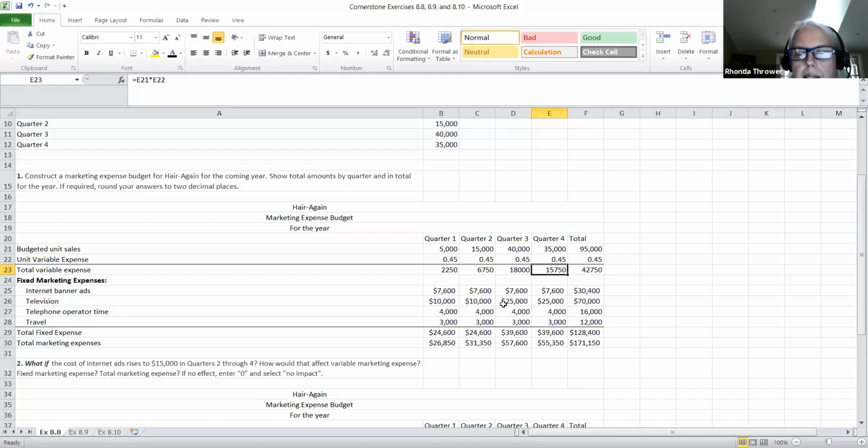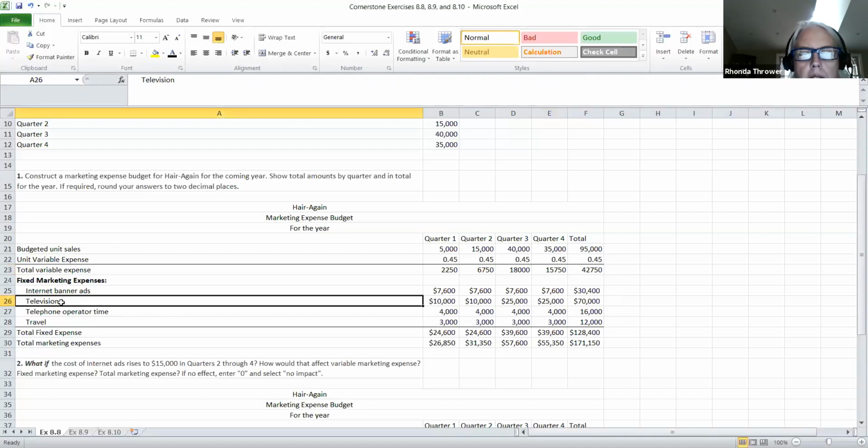I just happen to stick it in the second line here. So make sure you do add what was coming across for your filming of your television infomercials, which I called television there. And so basically, if it's a fixed cost, it stays the same throughout the period of time.